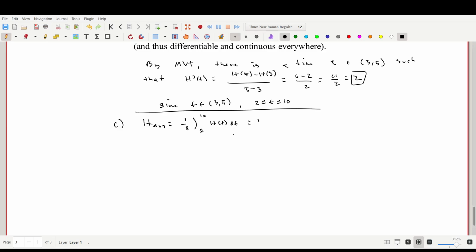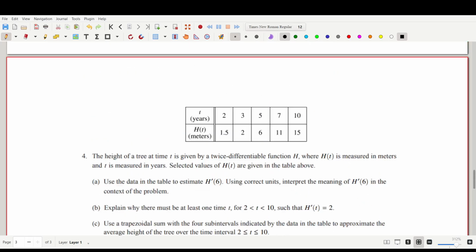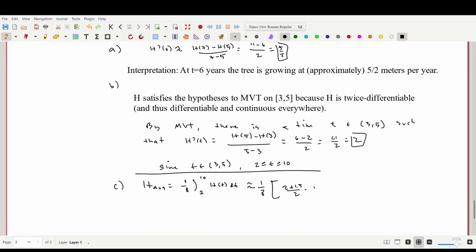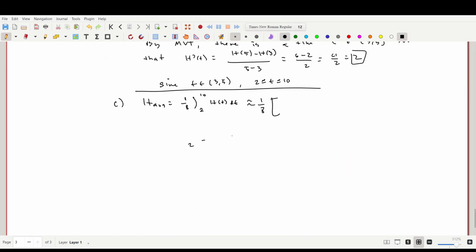And that's going to be approximately 1/8 times the trapezoid rule, which is super fun. I promise. It's 2 plus 1.5 over 2 times 1, and then plus... Sometimes I actually want to see this. So 2, 3, 5, 7, 10. I got to remember that. This is like what the answer key will say, I believe.